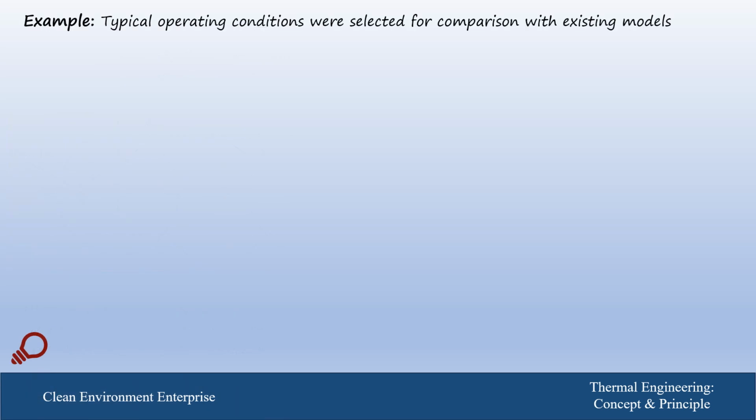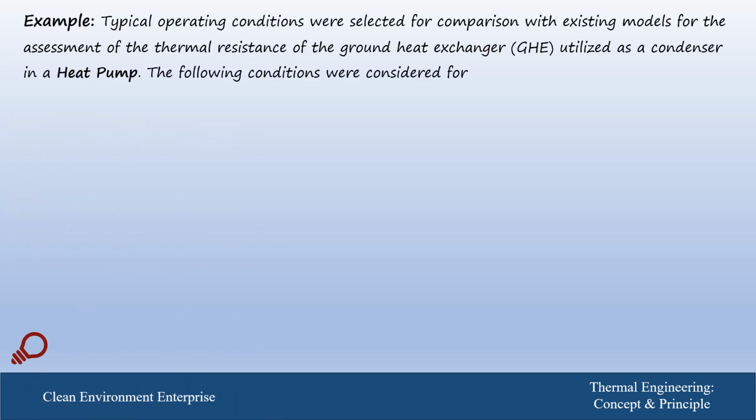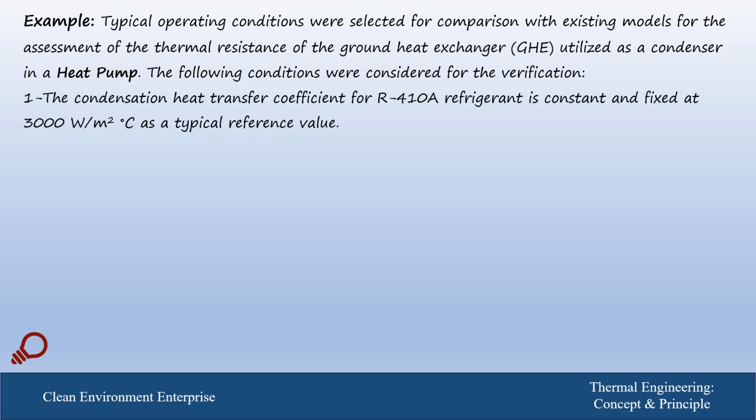Let's examine the model which has already been established in this seminar. Let us consider a ground heat exchanger, which represents a condenser in a heat pump, with the following conditions: Freon R-410A is circulated in the heat pump with a condensation heat transfer coefficient of 3000 W/m² °C, which will be used as a typical reference value in the analysis.